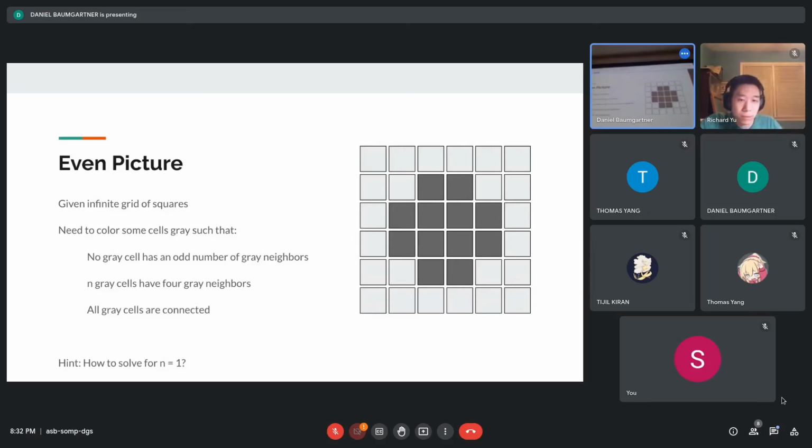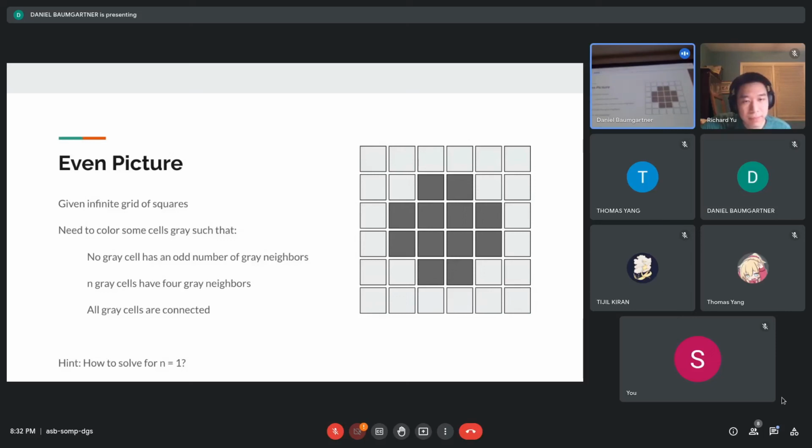I don't think so. But you can have more than n gray cells, which is kind of obvious, because there's got to be a core. And yes, again, this is cardinal directions only, no diagonals.